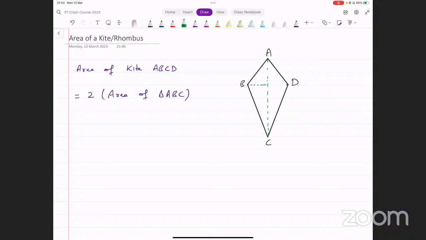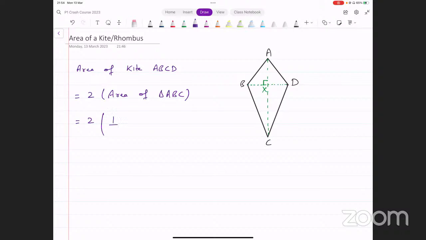Remember, in a kite, you get a 90 degrees angle where the diagonals meet each other. So if we were to call this point X, the area would be 2 into, so 2 is outside because we have two triangles like that. What about the area of triangle ABC?